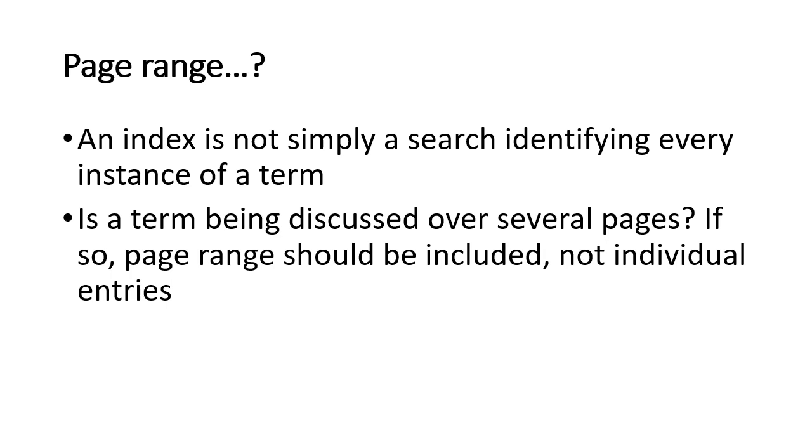That's important when thinking about themes, or sometimes about people and places, that the entire page range over which that person or that place is discussed is included. Sometimes it's a judgment call as to whether that theme or person or place is genuinely being discussed across the whole page range, and as you get more into indexing, you'll develop more of an instinct for how that should be done.